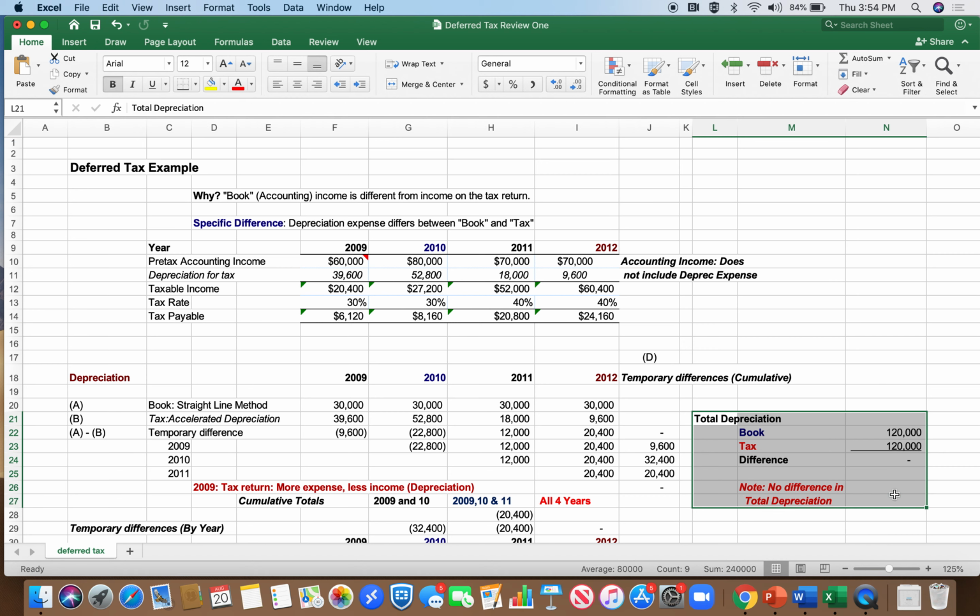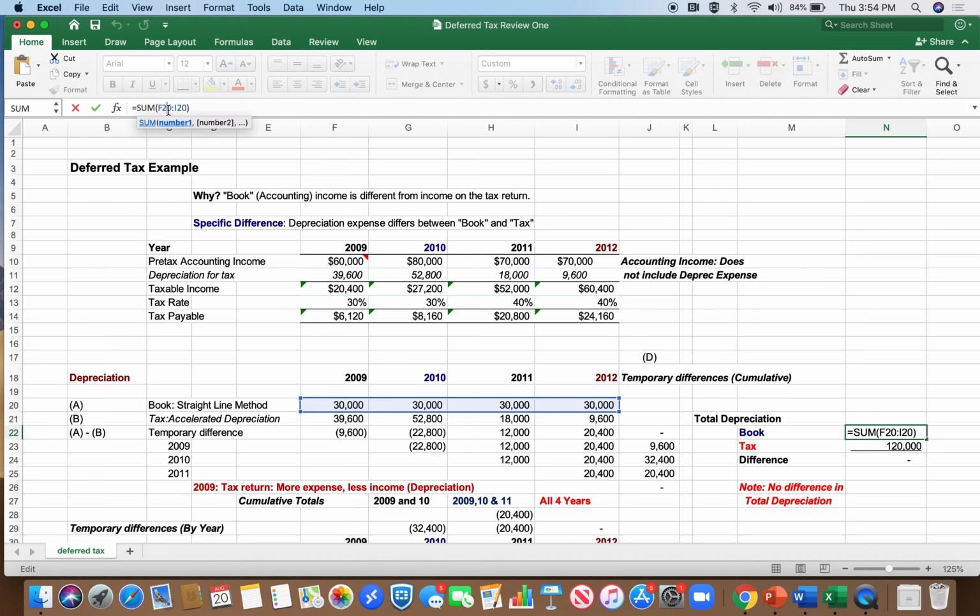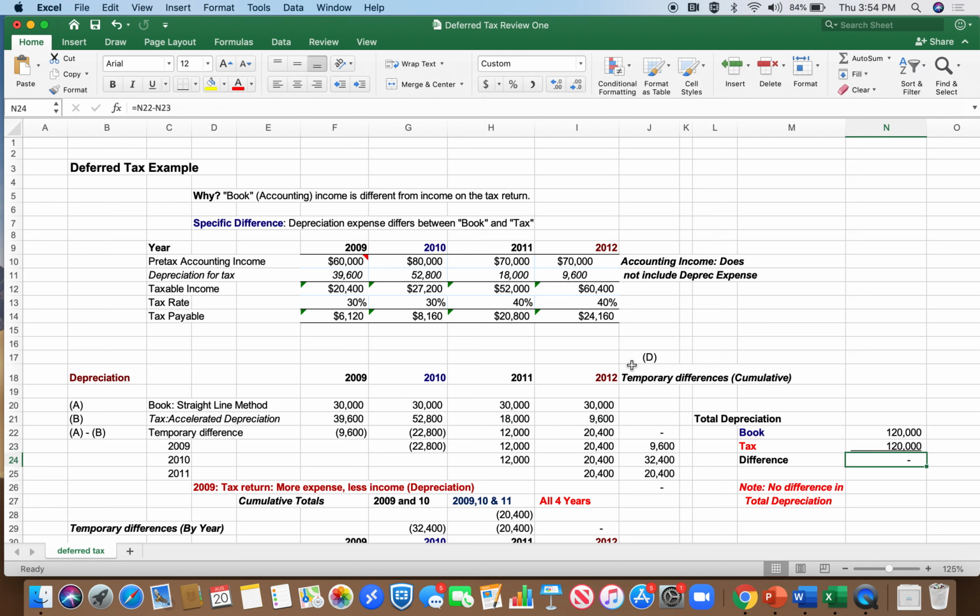In other words, you bought an asset for a certain amount of money, and it doesn't matter how fast or slow you depreciate it, total depreciation is the same for both book and tax. So you'll see that if I click on the sum cell, if I use straight line, 30,000 a year for 4 years, it's 120,000. This accelerated method for tax that I'm going to explain adds up to 120,000. That is a key point.